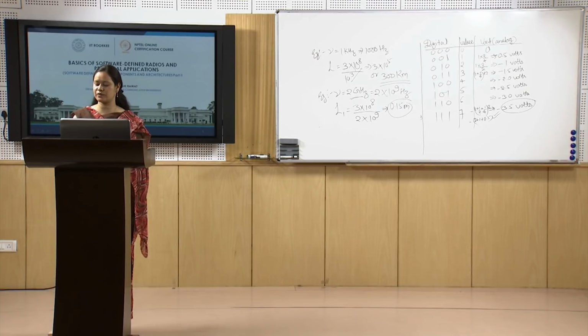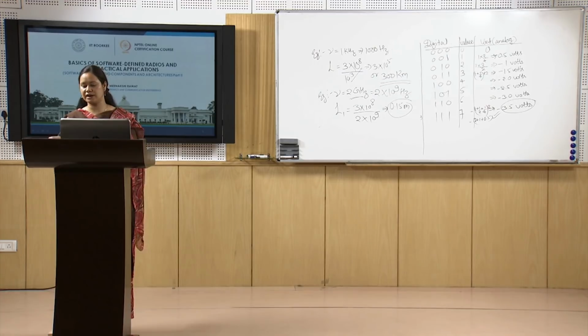These are fixed frequencies. For example, for WCDMA, WiMAX, LTE, they have separate bands, and apart from that, service providers are also given particular frequency bands to deal with. So they cannot just simply transmit at any frequency. There are some bands for that.